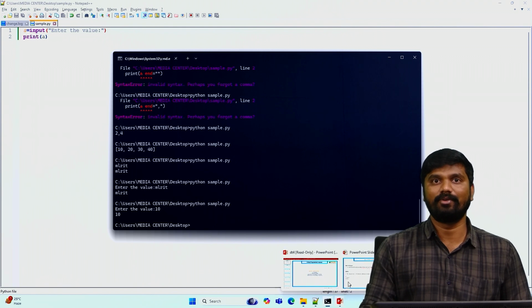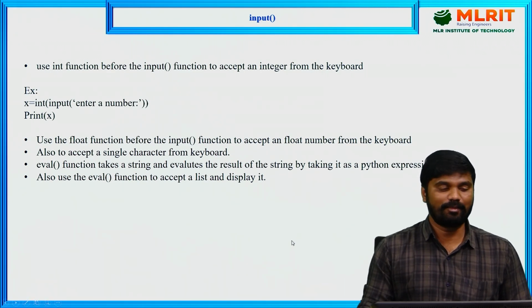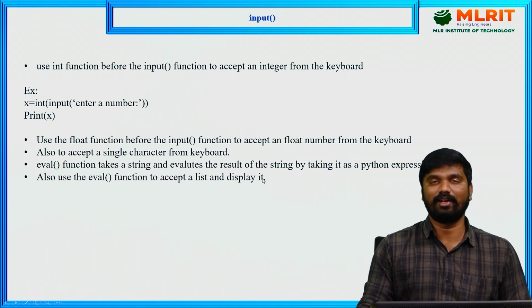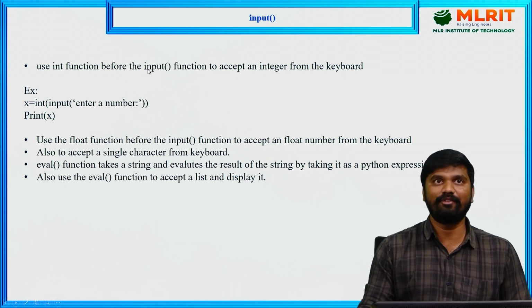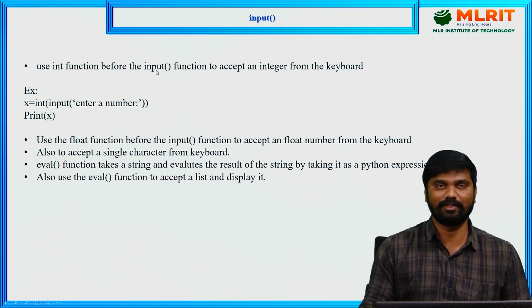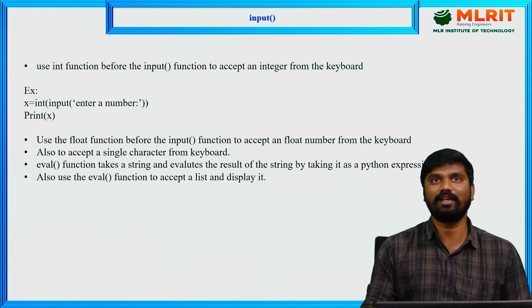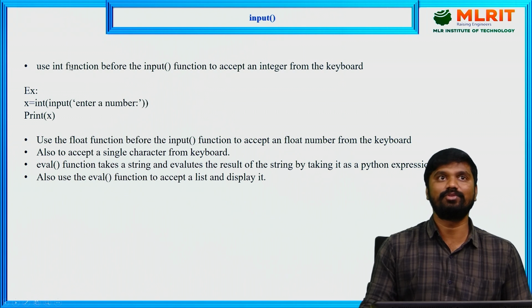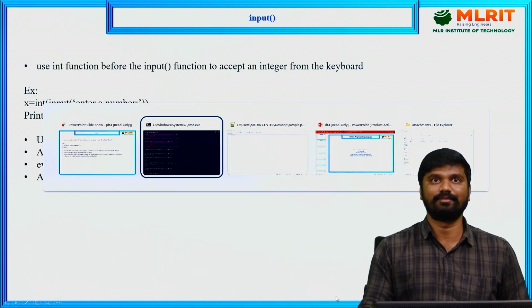Now see, if you want to enter int values, then use the int function before the input function. For example, if you want to write a program that enters values and returns those values as integers, then use the int function.